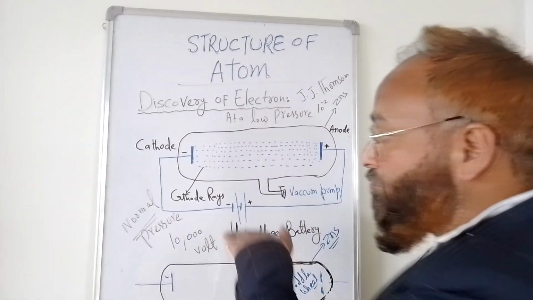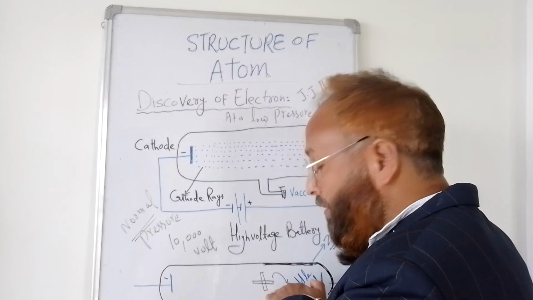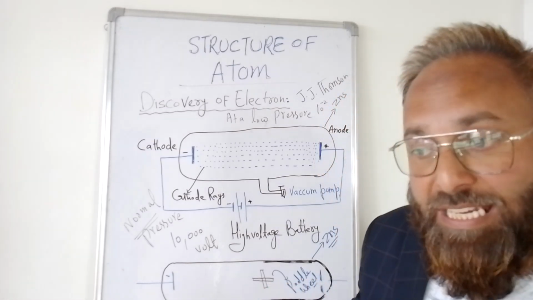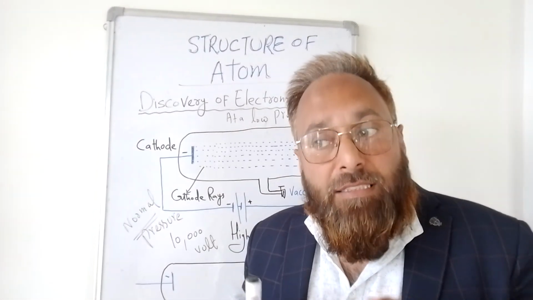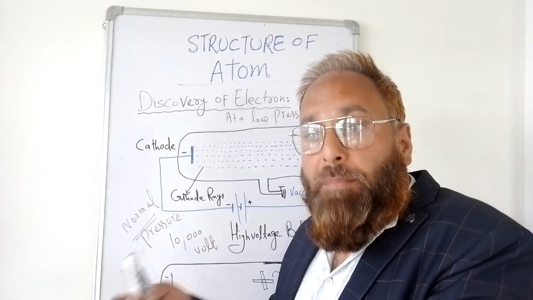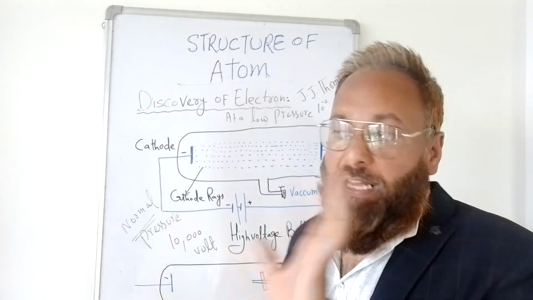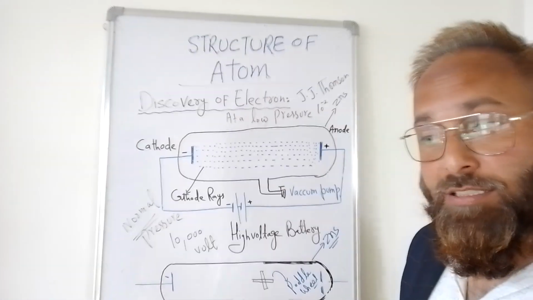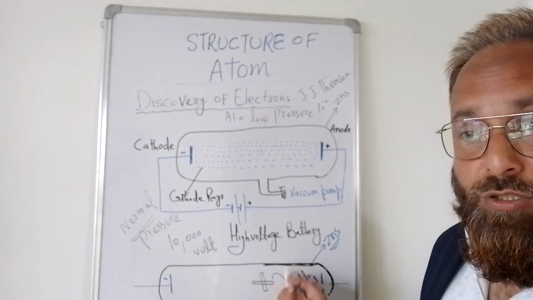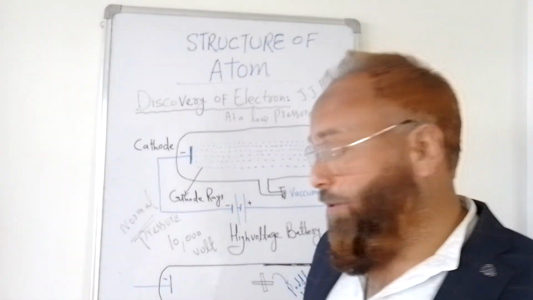These cathode rays, which fall on the paddle wheel, show the discovery of the electron. This is the smallest experiment that is to be discovered in the discharge tube experiment.